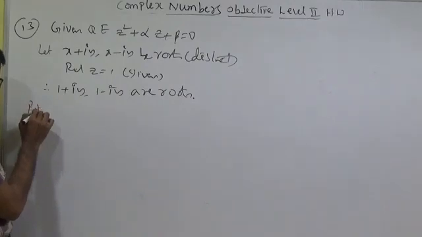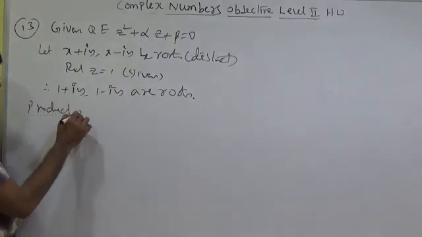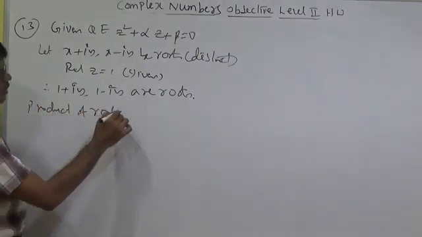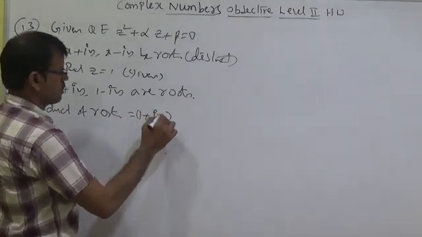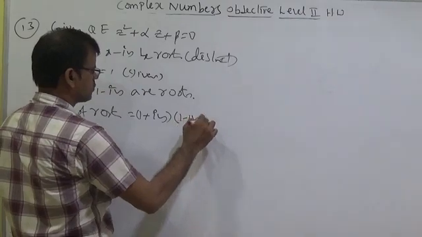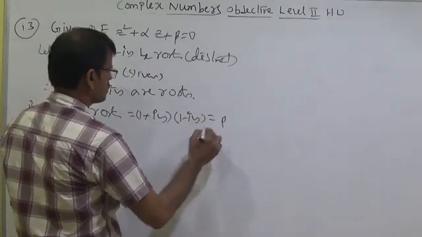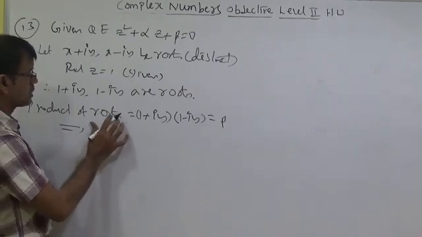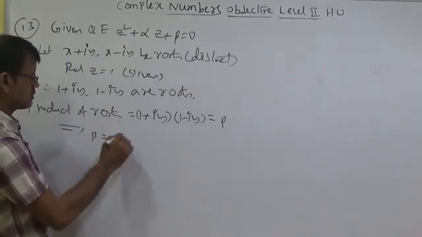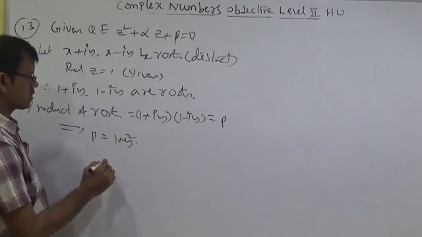Now take the product of roots. The product of roots, 1 plus IY into 1 minus IY, is equal to beta. That implies beta is equal to 1 plus y square.